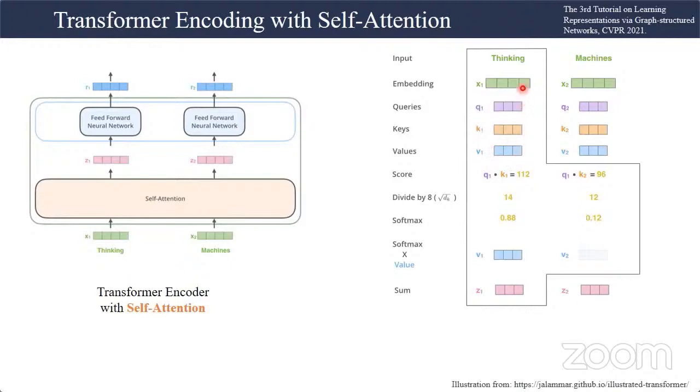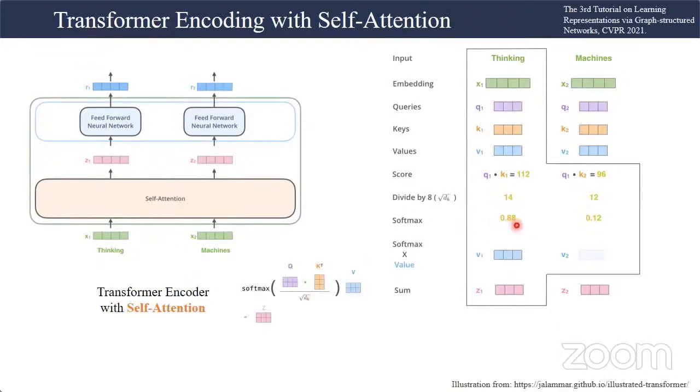For a token of current focus, for example, thinking, the similarity between its query Q1 with every key will be computed, including itself. So here Q1 dot product with K1 equals 112, and the Q1 dot product with K2 equals 96. Then the similarities will be normalized using a softmax function.